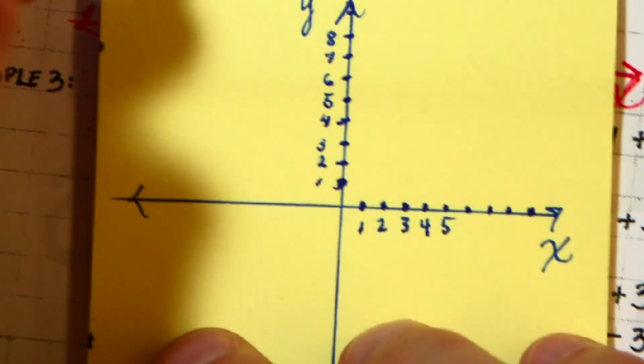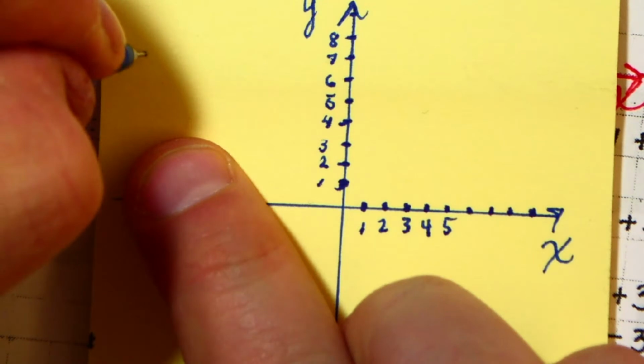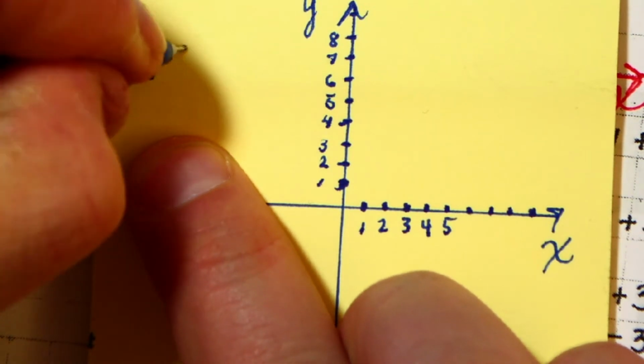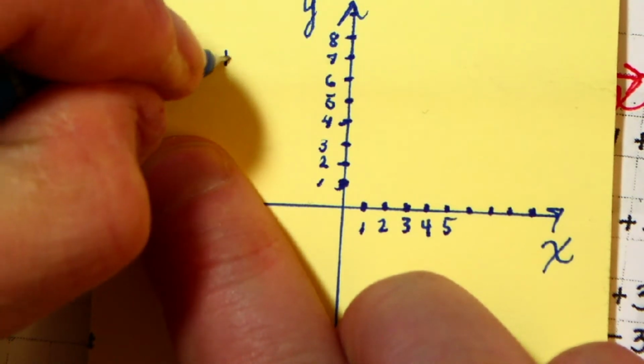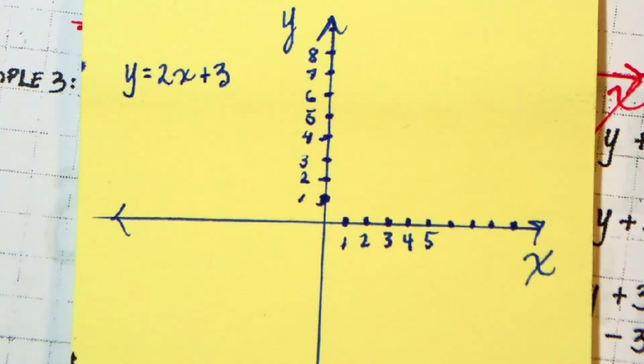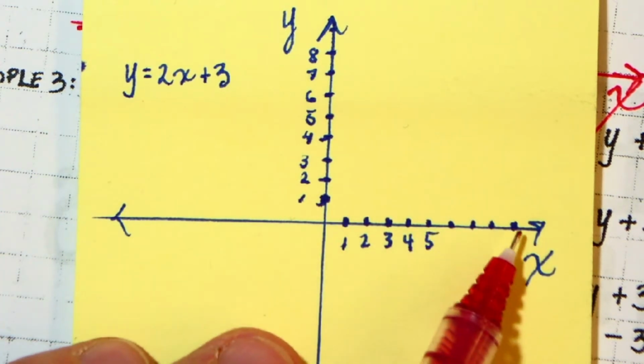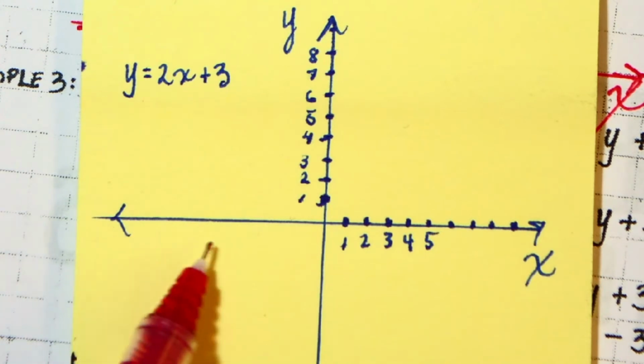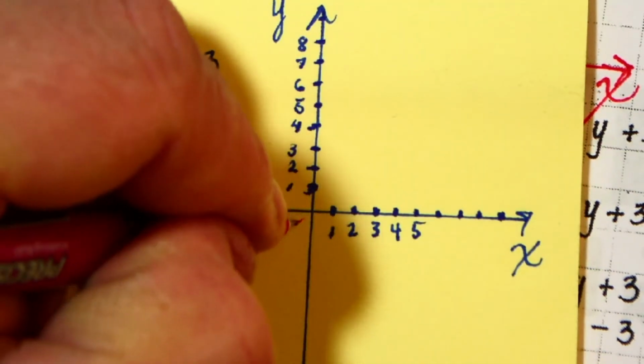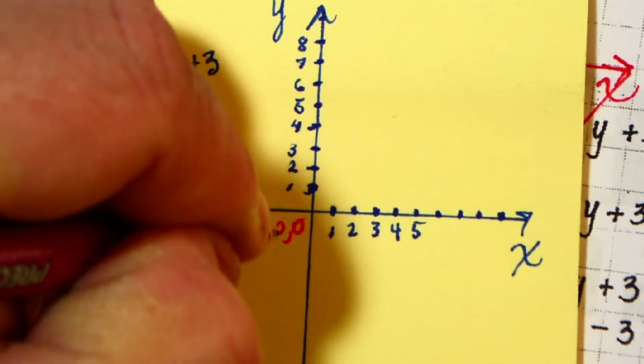Okay. So our equation was y equals 2x plus 3. The y-intercept is at 0, 3. So first we go to 0 on the x-axis. It's right here because this is 0, 0 at the origin.